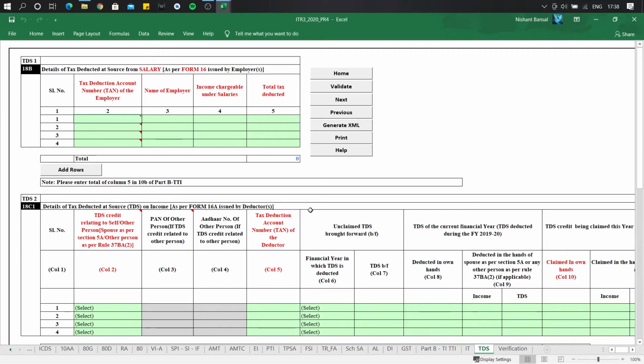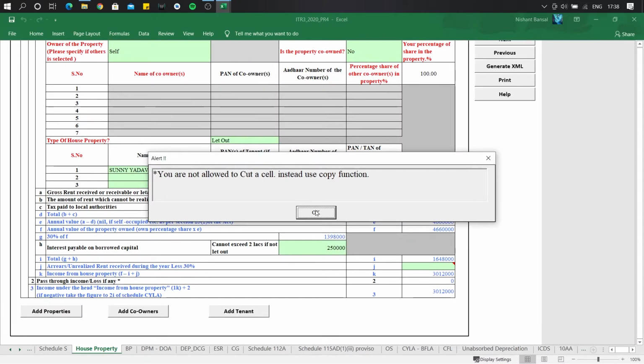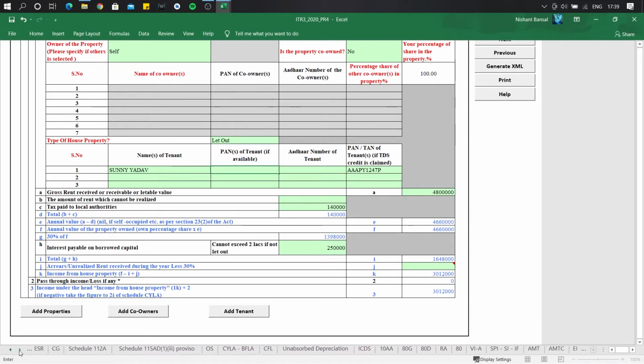Since the TDS has been deducted by the tenant as well, which was not mentioned above, first we'll go to the tab of house property. We'll enter the PAN here because TDS has been deducted. Ideally, it should come there only. Okay, so let's move to the TDS tab.